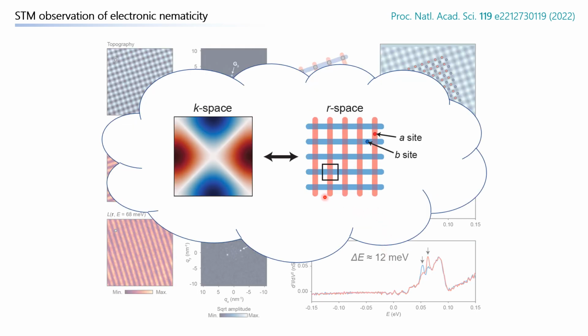So when we see this kind of bond order pattern in real space, we can infer that there is a corresponding pattern in K-space, namely a D form factor throughout the Brillouin zone, like this. So this is in K-space. So what can STM do to resolve and to characterize features in K-space?